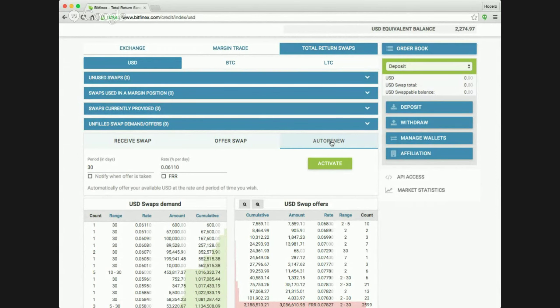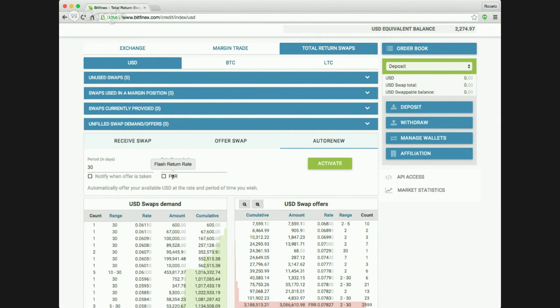Every day when you gain your interest, as you put that you're doing the auto renewal, every single day they're going to renew all your interest. That's why you have this option FRR, which is the flash return rate, the money you're going to be returning. I mean, you're going to be reinvesting all the time non-stop. It's a very good scenario.